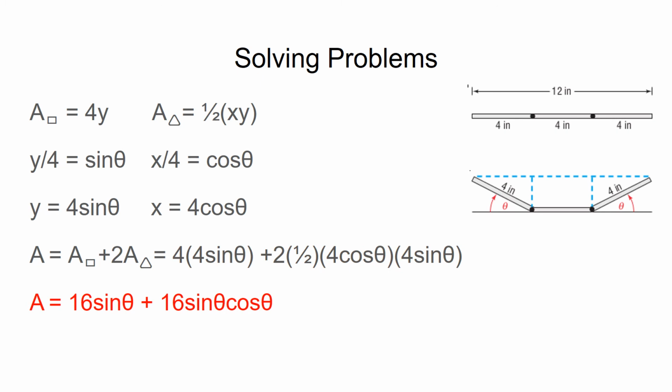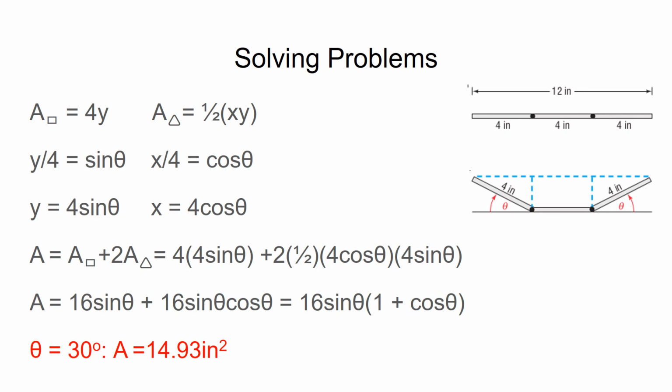This simplifies to the total area equaling 16 sine theta plus 16 sine theta times cosine theta. We can factor out 16 sine theta, and we're left with 16 sine theta times 1 plus cosine theta.